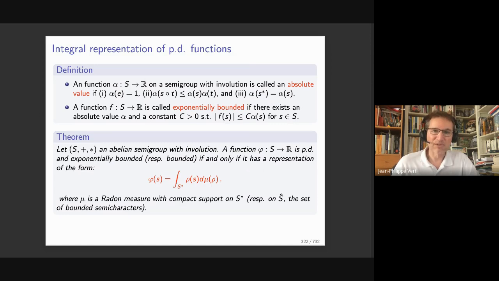But then we need to define what is the Fourier transform over a semigroup, what is a Radon measure, what is exponentially bounded, etc. So there are a bunch of technical things, but roughly speaking, Bochner's theorem in the case of R is just a particular case of a much broader concept, which is positive definite functions over groups and semigroups.